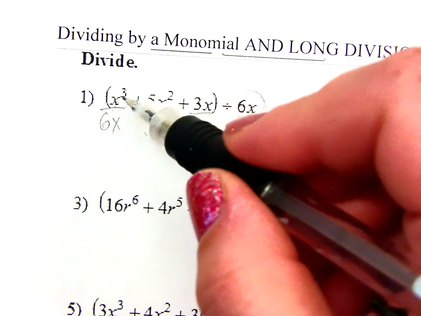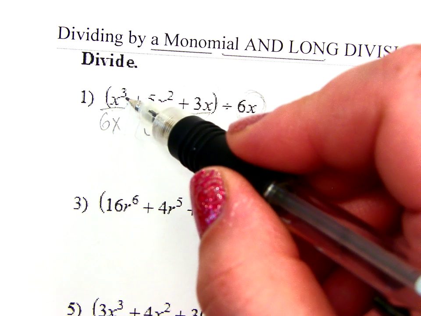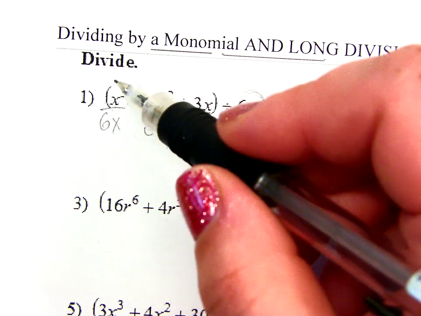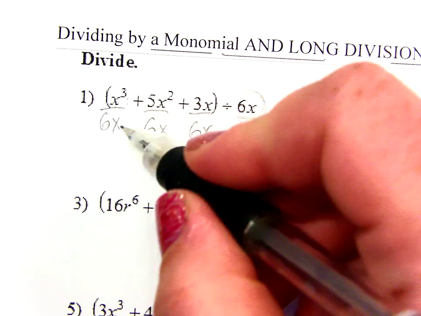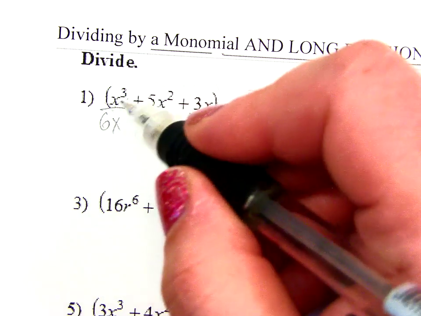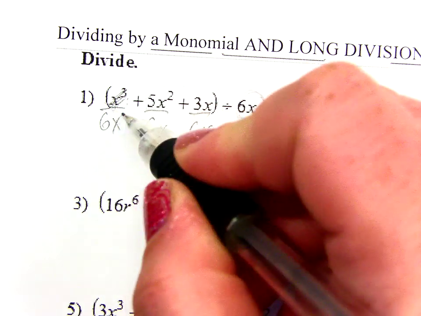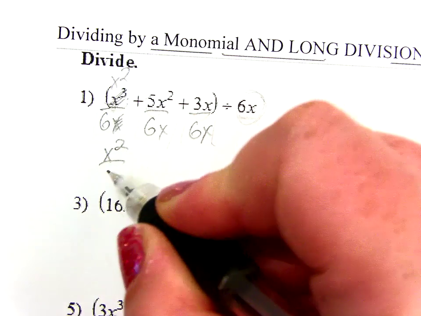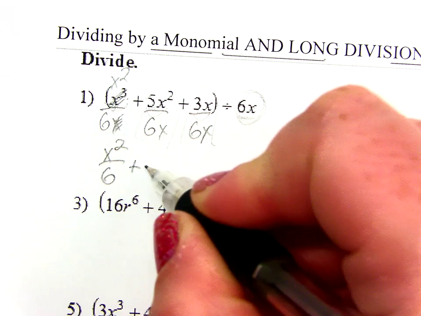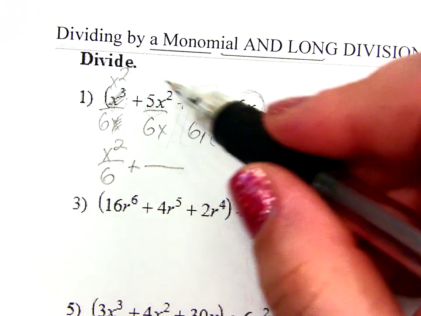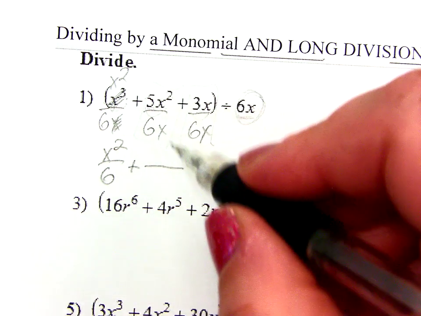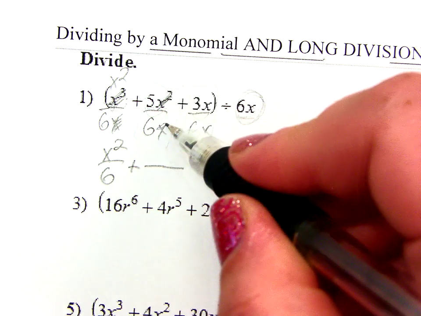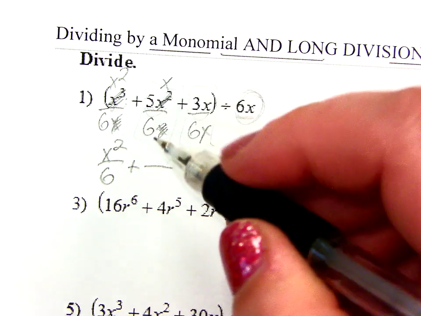So in other words, let's look at this first one. I have x to the 3rd over 6x. So what can I cancel here? One of those x's is going to cancel, and won't I be left with x squared in the numerator? So my first bit of my answer is x squared over 6, and then plus, what happens here? I cancel out one of those x's, so I'll have just x to the first left in the numerator.